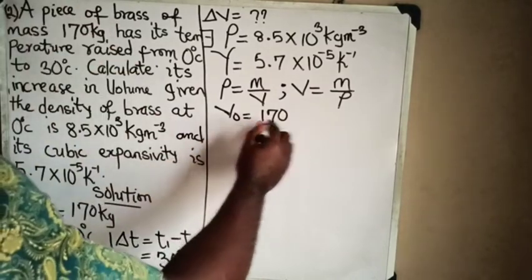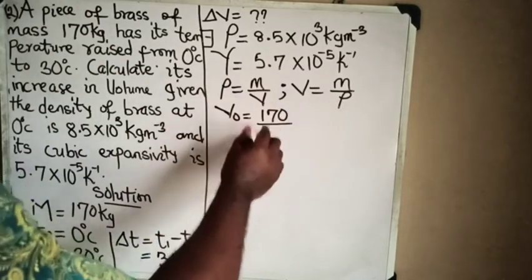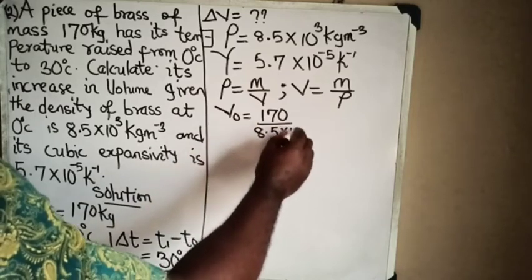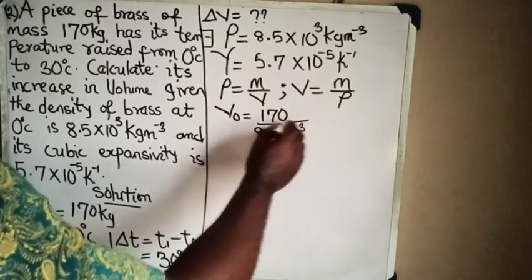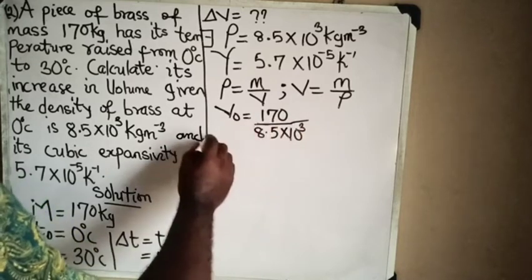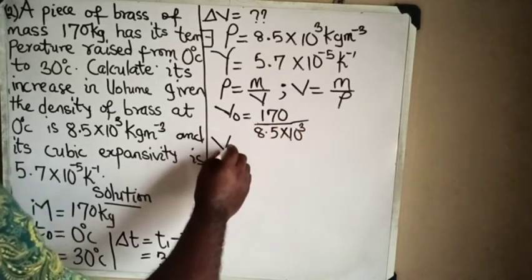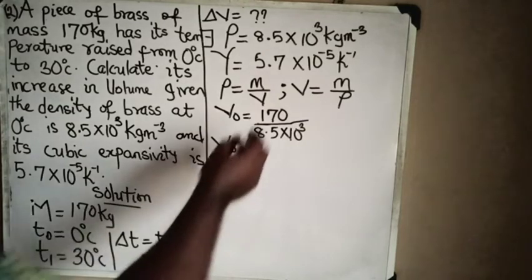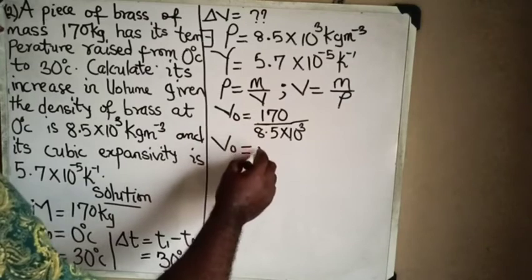And what's my density? 8.5 times 10 to the power of 3. That will give me my V0. Dividing this by that, I should have around 20 times 10 to the power of negative 3, because 170 over 8.5 will give us 20.